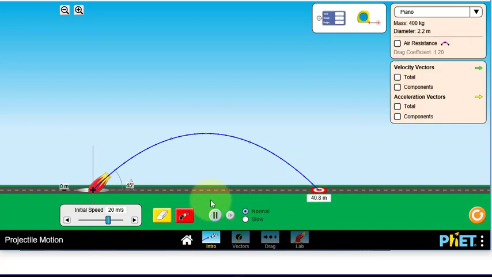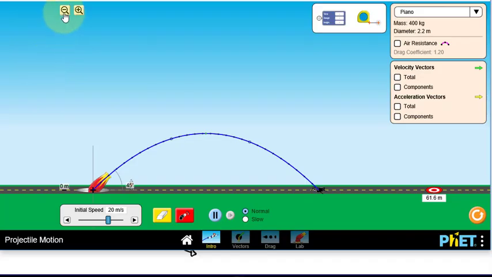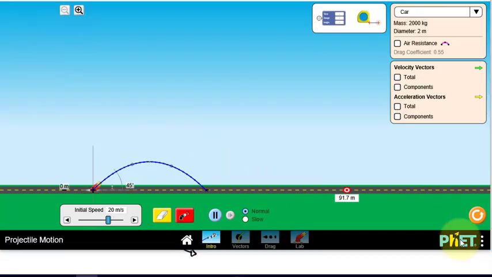Let's try the piano. Same exact path. Some of the other points that I found with this are 30 meters per second and pi over 4, and I got 91.8. Let's try that. So I'm going to have to zoom out a little bit more. Okay, so now I have this at 91.7.